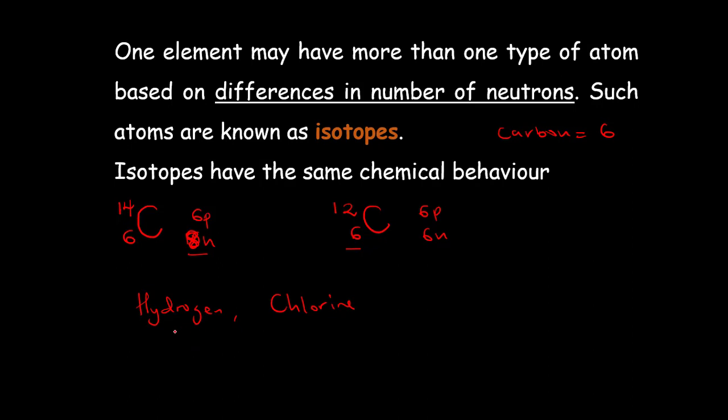So feel free to let me know which isotopes you think carbon and chlorine have. For example, our carbon has carbon-12 and carbon-14 isotopes. What do you think, hydrogen and chlorine? Let me know in the comment section below. At least we know one of them is found in the sun.